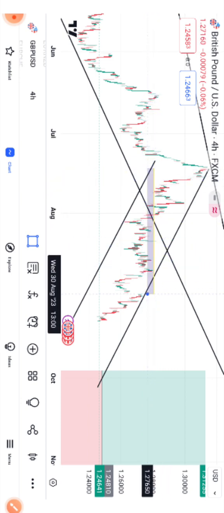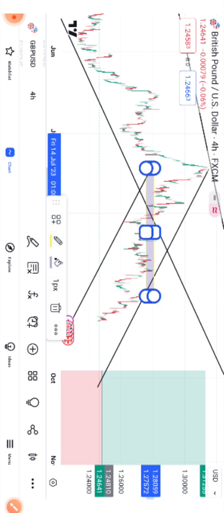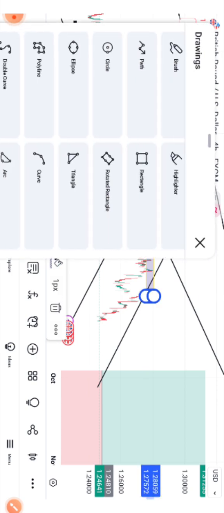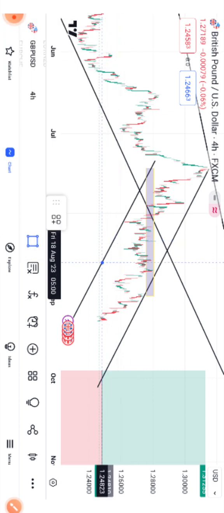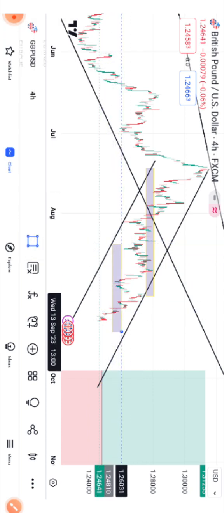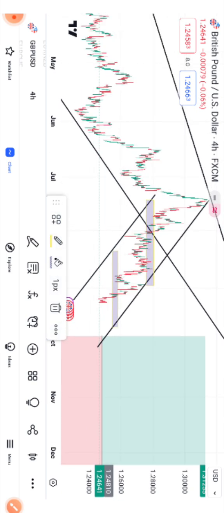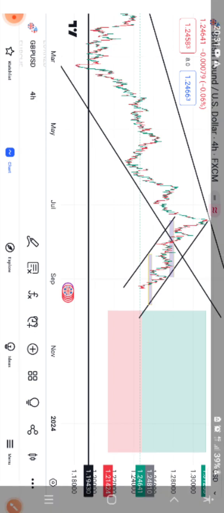And we can see that we have this kind of information right here, and we can take this as some kind of correction.